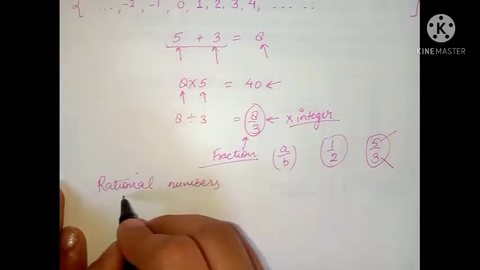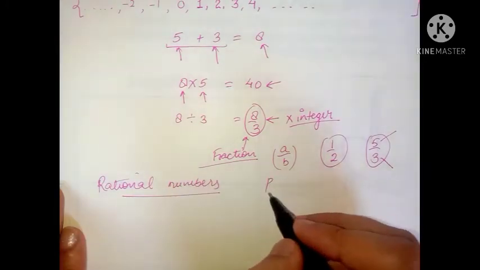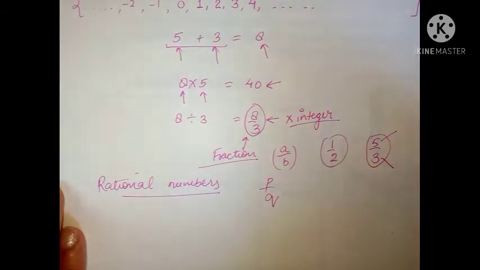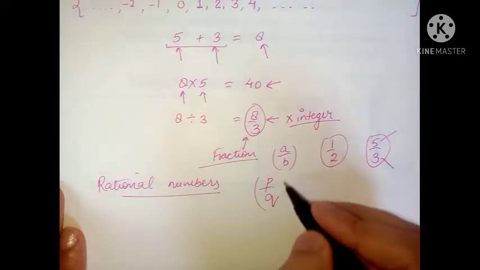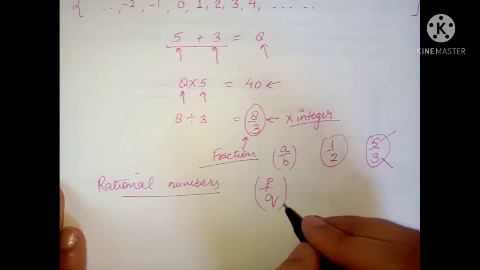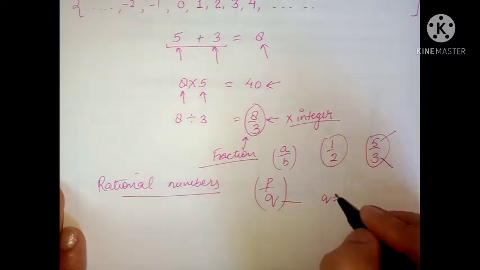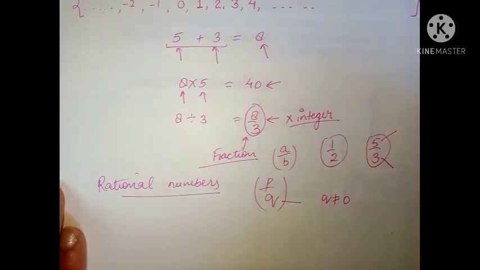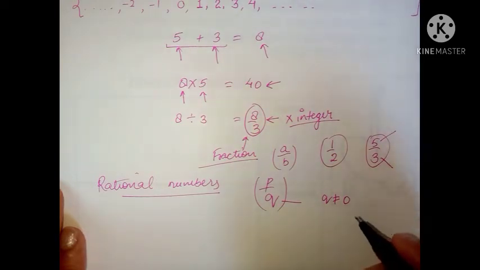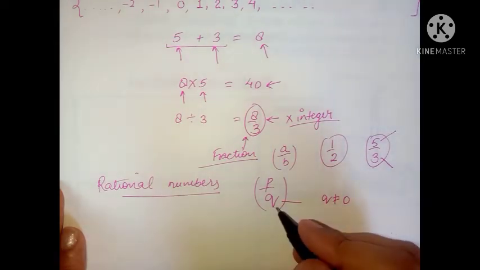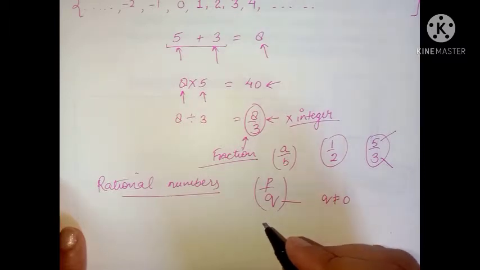Rational numbers are defined as numbers written in p upon q form, where q is not 0, is never 0. We have already discussed that q can never be 0, because 0 in the denominator is meaningless and is never defined.